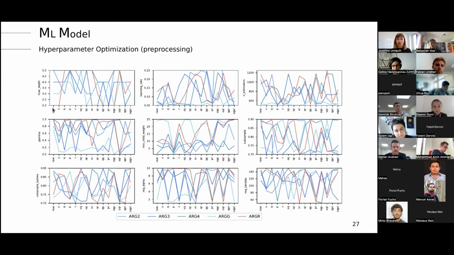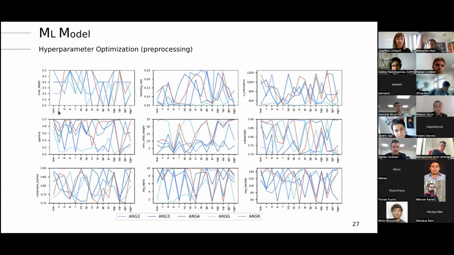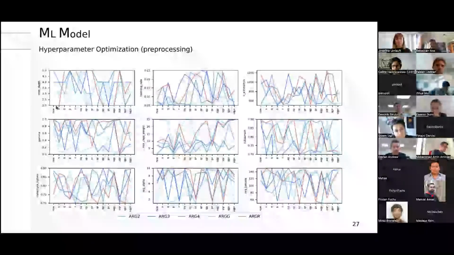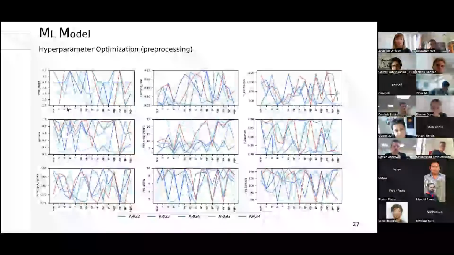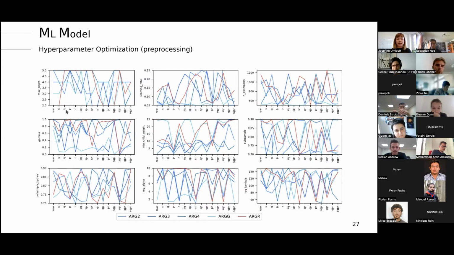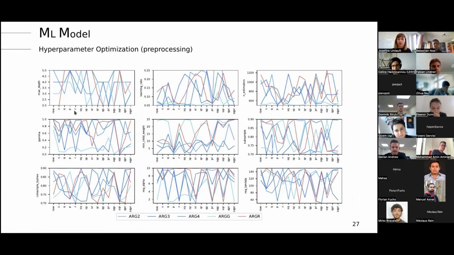We always have the raw features that I just showed you in the plot before, but we also have some scaling that can be applied, some quantile transformation, then a PCA, which is P, and R, which is the random forest regressor, and then different combinations of these. We wanted to see if the hyperparameters actually change depending on the preprocessing, so if preprocessing has a strong effect or not.